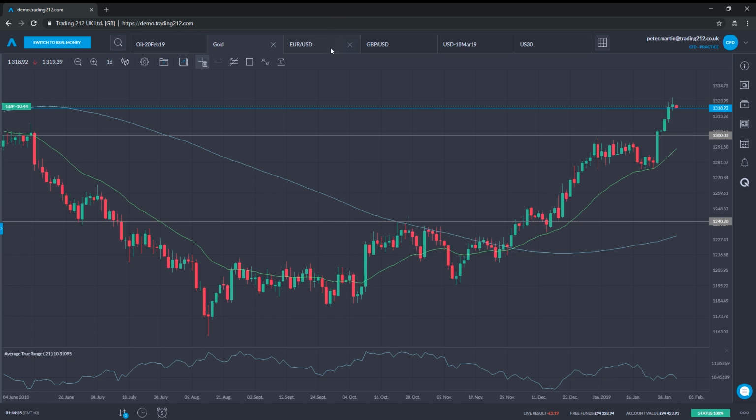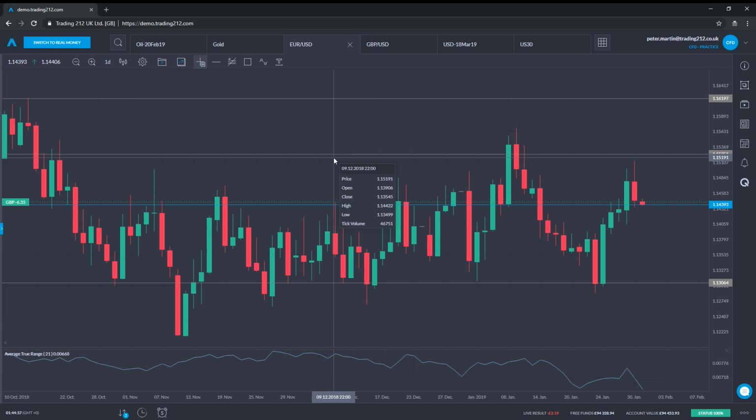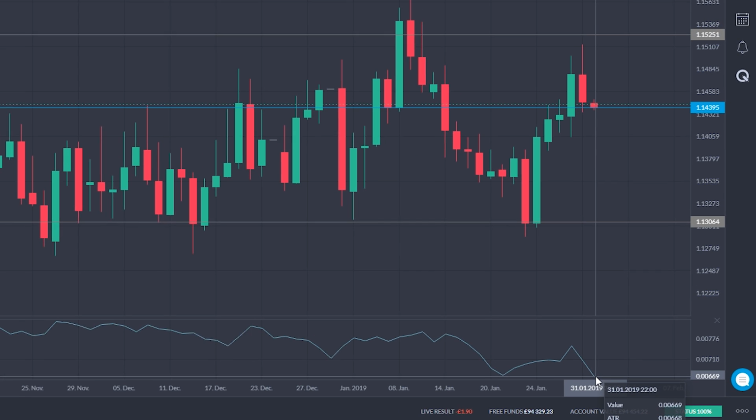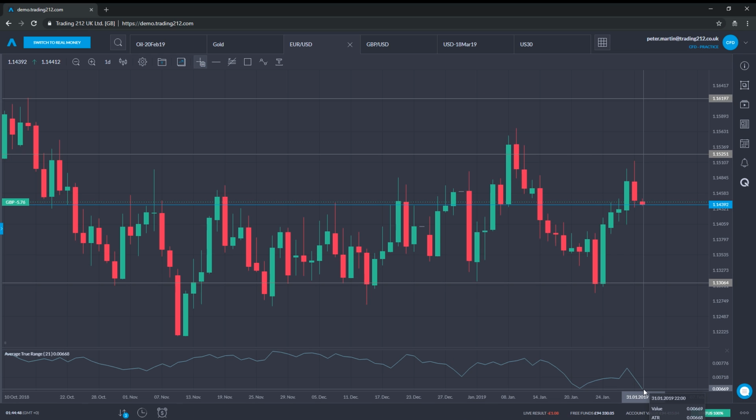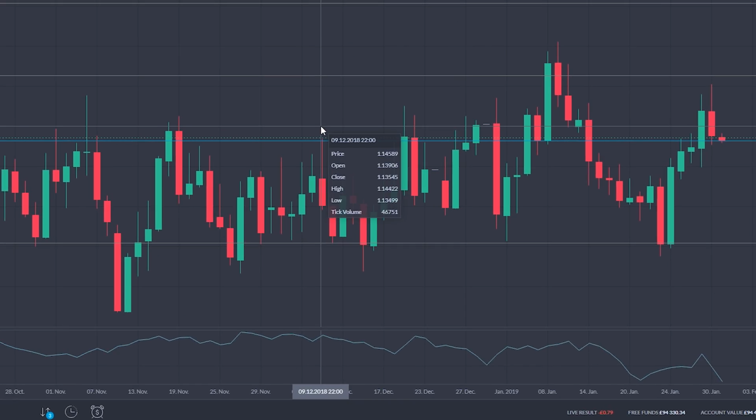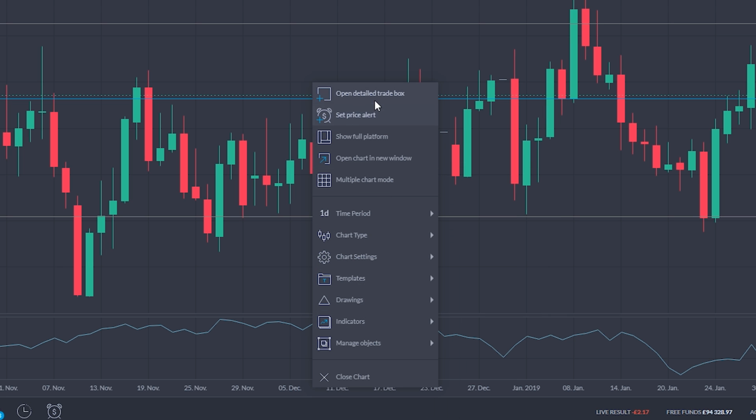And then similarly, if we move on to a currency, let's have a look at euro dollar. So the average true range here we can see is 0.00668. That's saying that's around 67 pips per day is the average true range of euro against dollar.